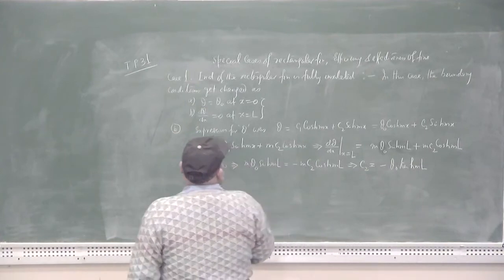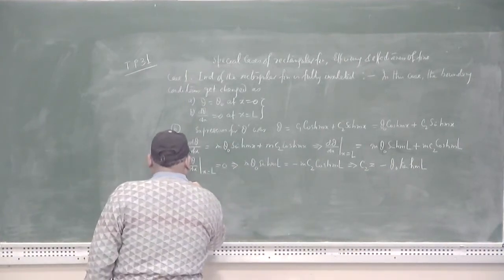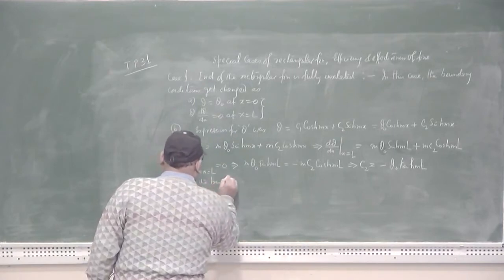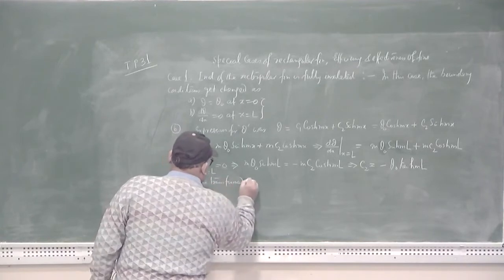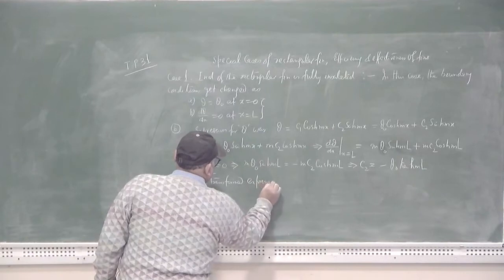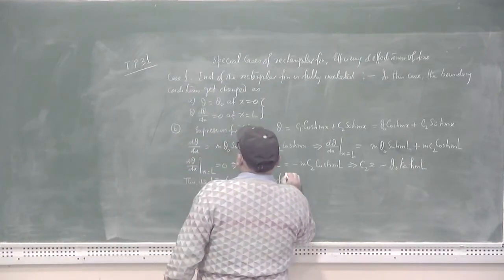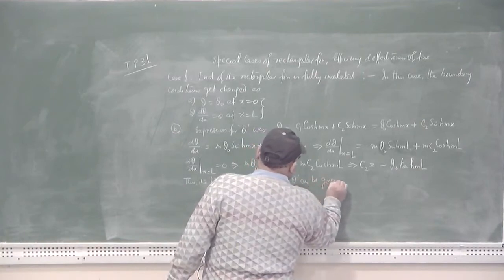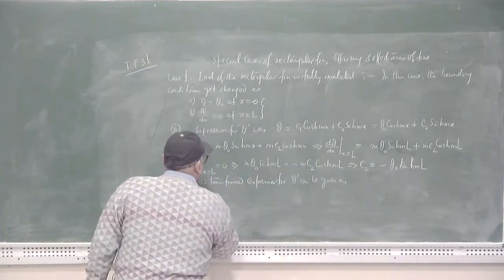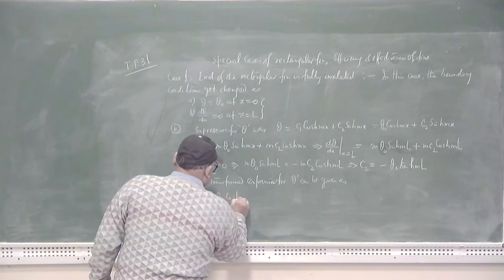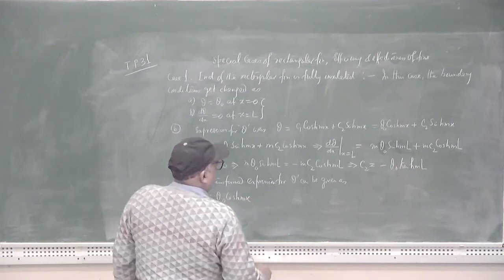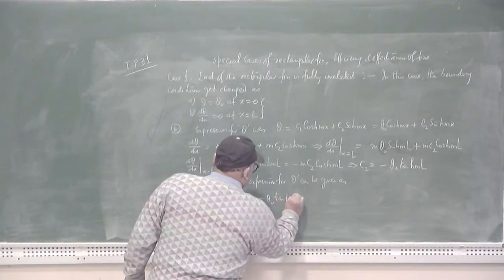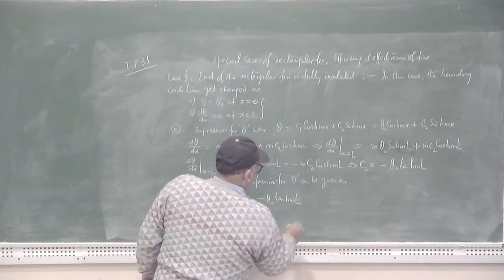So, the transformed expression for theta, that is the solution, can be given as theta is equal to theta 0 cosh mx plus C2, that is minus theta 0 tanh mL, into sinh mx.